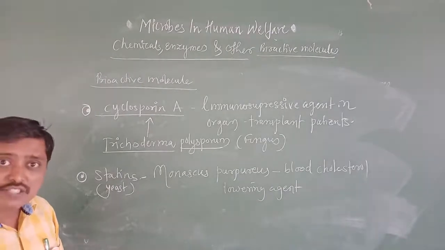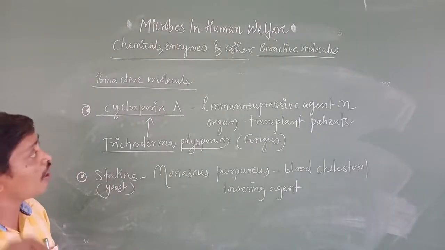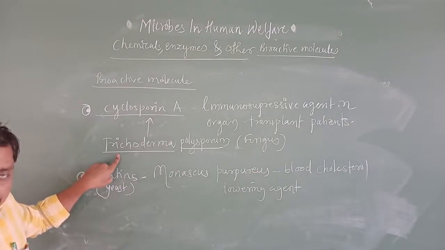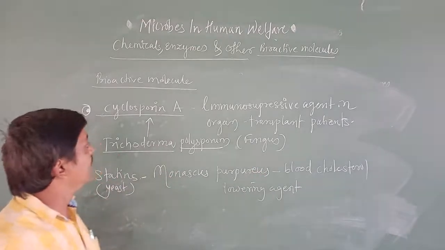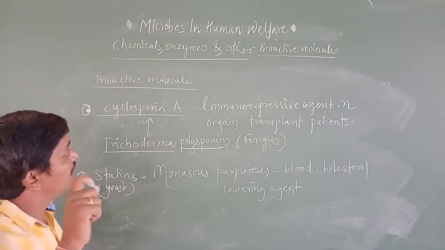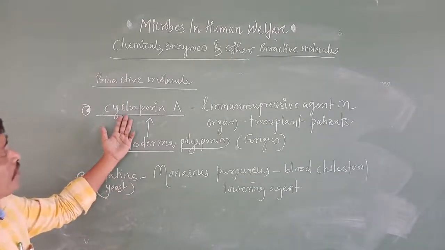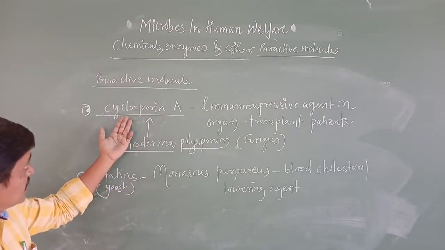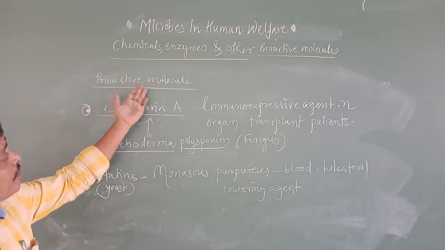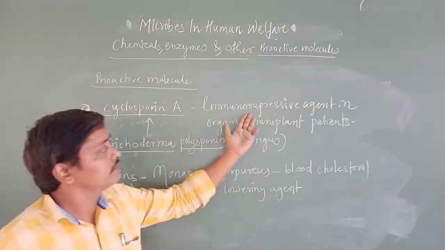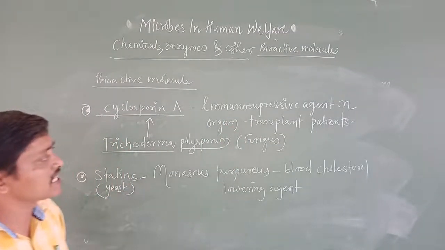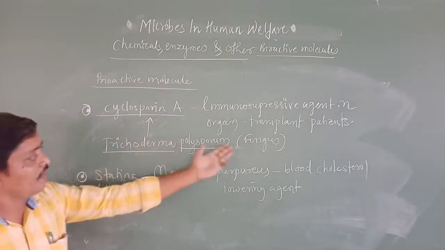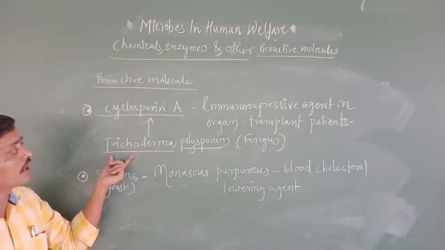If they ask for the name of the microbe, we write Trichoderma polysporum, and if they ask to name the immunosuppressive agent, that is cyclosporin A. This is one of the bioactive molecules used as an immunosuppressive agent in organ transplant patients, and it is produced by the fungus Trichoderma polysporum.